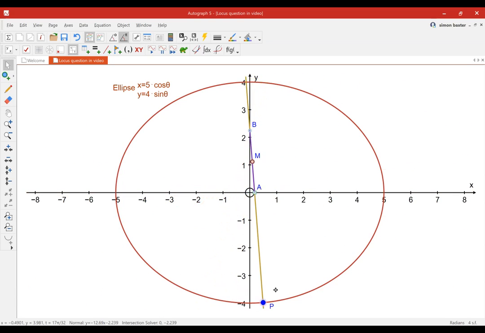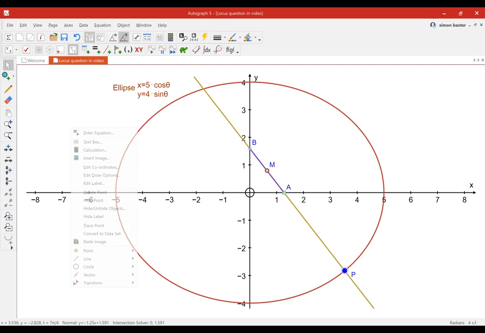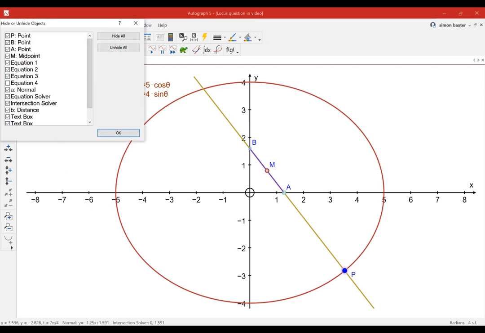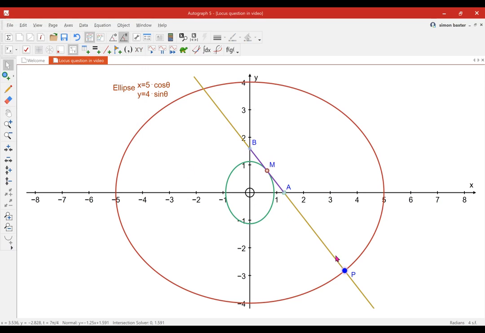The ellipse, if you can remember, was one that went through 9 over 10 on the x-axis and 9 over 8 on the y-axis. Well, let's have a look at that ellipse. There it is.